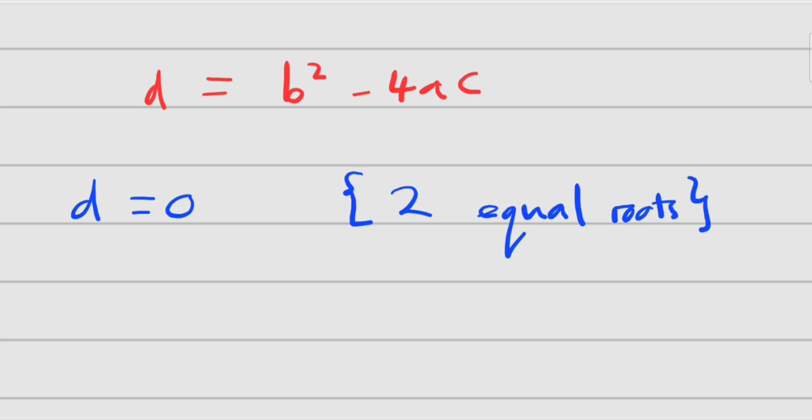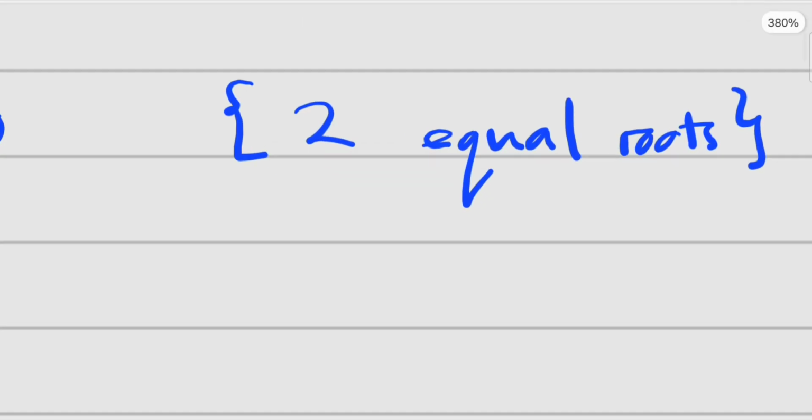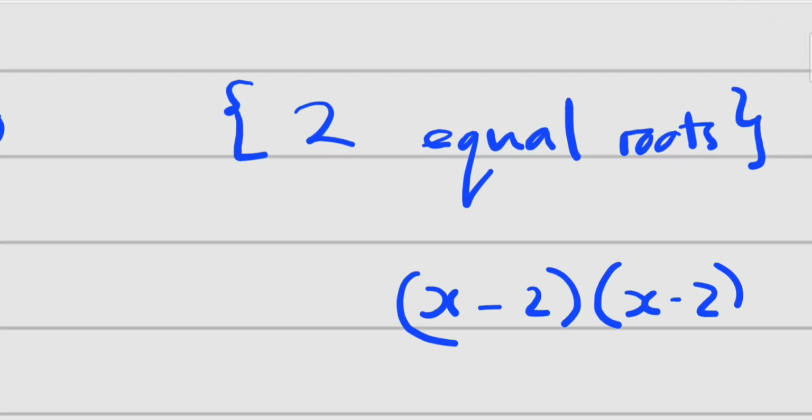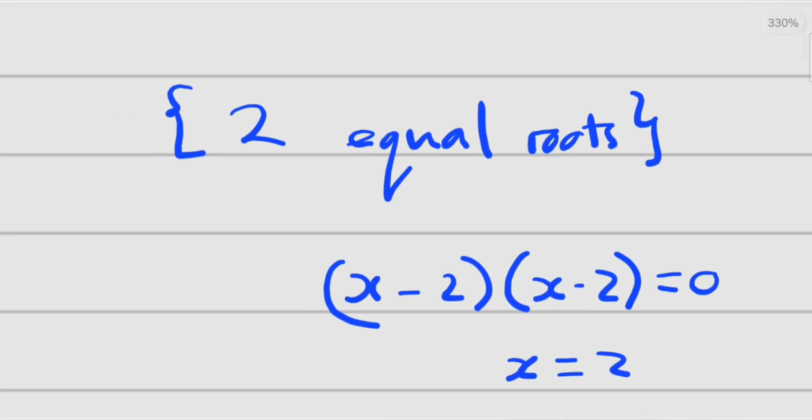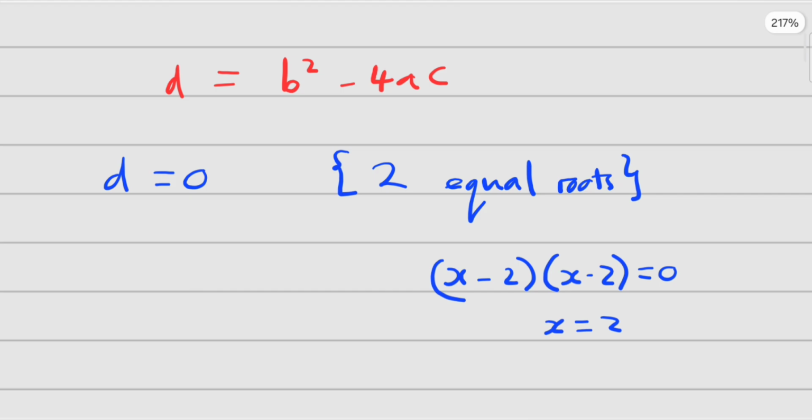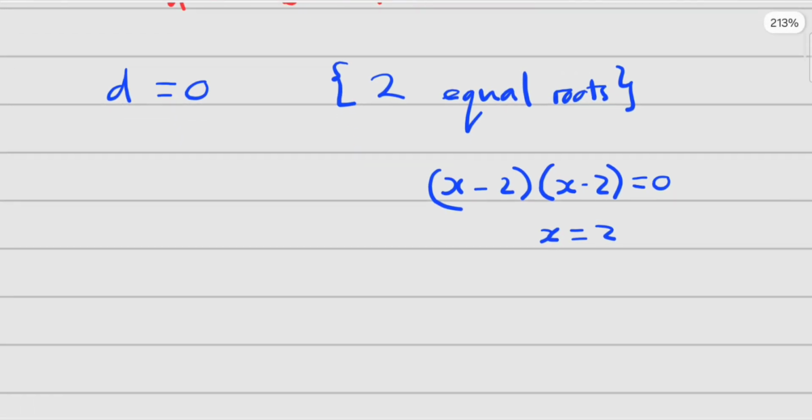In other words, we have two equal solutions, right? This way we get something like maybe x minus 2 equal to 0, where we get x equals 2 twice, right? So we have two equal roots when our discriminant is equal to 0, right?